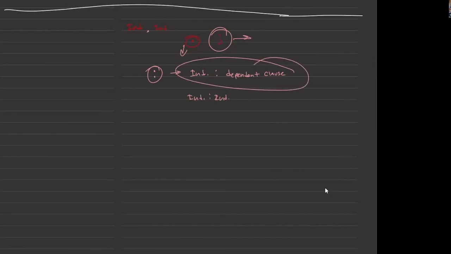So there are three reasons why you would use a colon. First reason, to explain something. When you're using it to explain, you're probably going to be working with an independent clause, right?